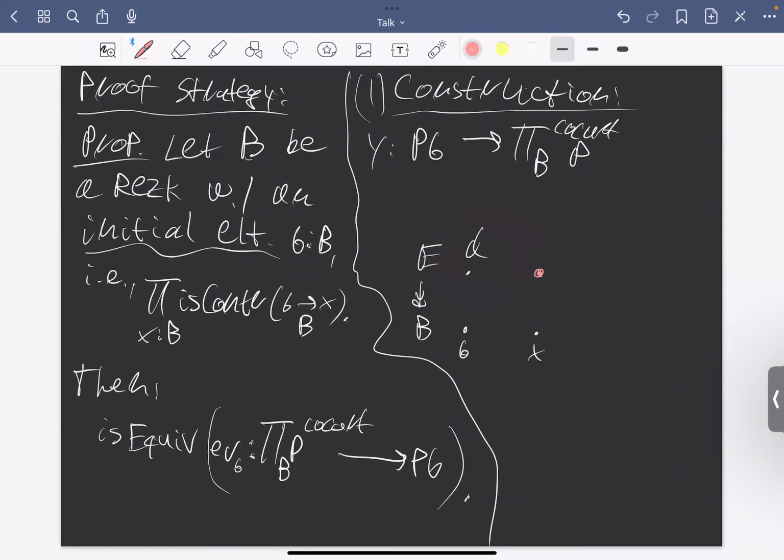But this I can do because I have the initial inclusion here. I call this ∅_x, the inclusion of the initial element into some given point x. But then I'm also in a co-Cartesian fibration, so I get this co-Cartesian lifting.